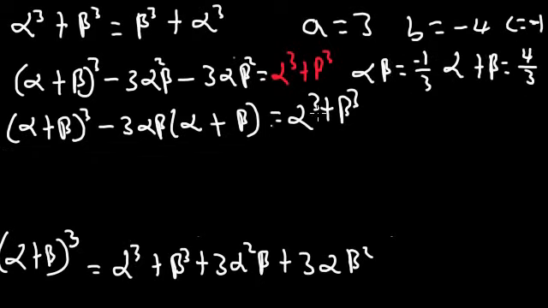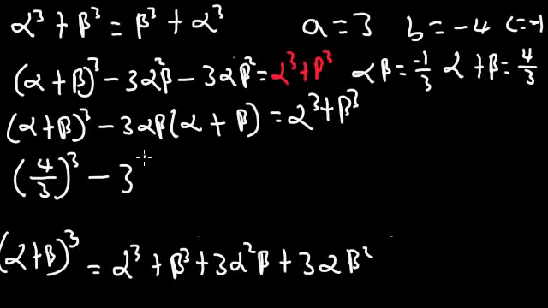Now it's in the form in which we can plug in these values respectively. So therefore, alpha plus beta, that's 4 over 3. We have 4 over 3 all cube minus 3 times alpha beta, which is negative 1 over 3, and again multiplied by alpha plus beta, that's 4 over 3.